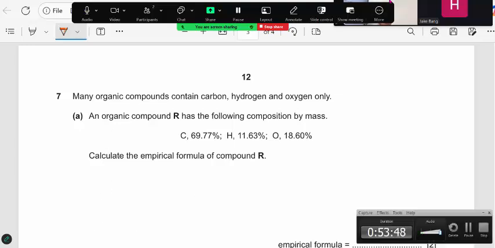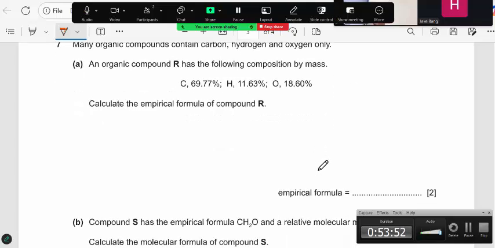Okay, so let's look at this. How do you calculate empirical formula? You divide by the molar mass. Okay, you must show your working, guys. Show your working.